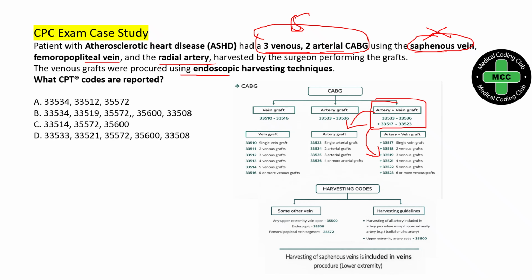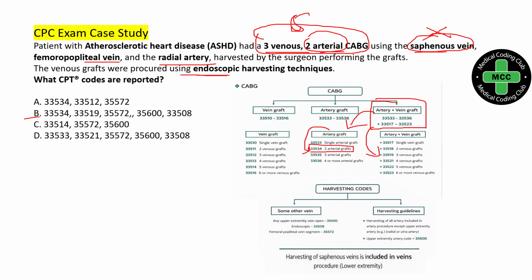So when it comes to the correct answer, if you check option B, 33534. Okay, so firstly, as I already said, 5 grafts are there. Of those, 2 are arterial grafts, and the 2 arterial grafts should be coded from here, 33534.